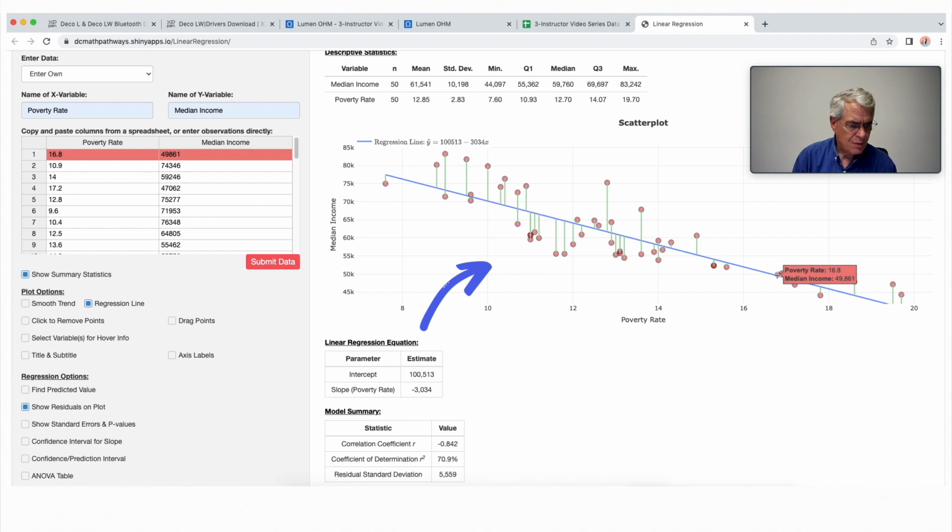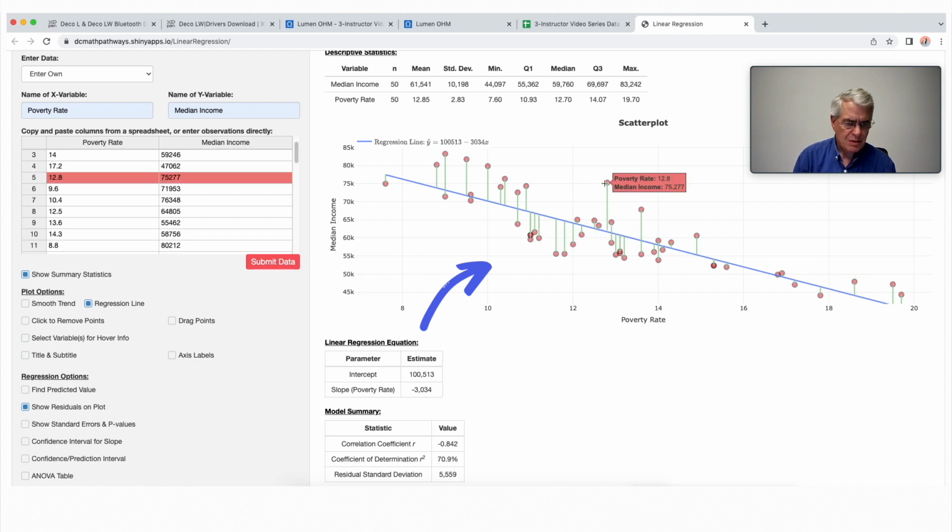This state with a poverty rate of 16.8 and a median income of 49,861 is very close to its predicted value. This state, poverty rate of 12.8 and a median income of 75,277 seems pretty far away from its regression line.